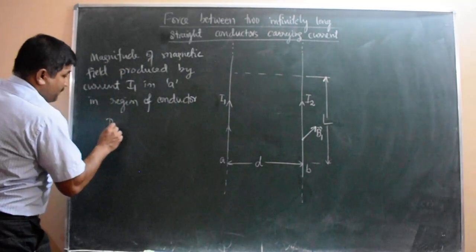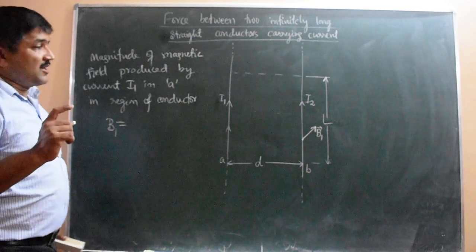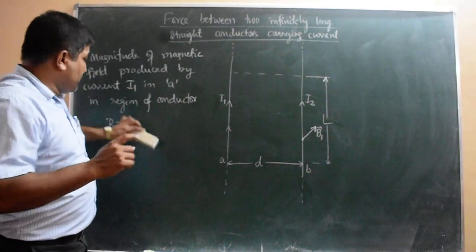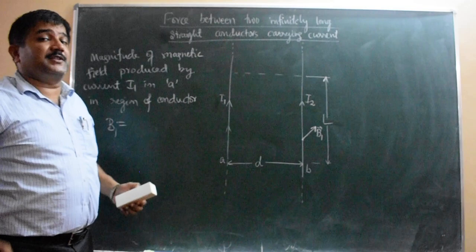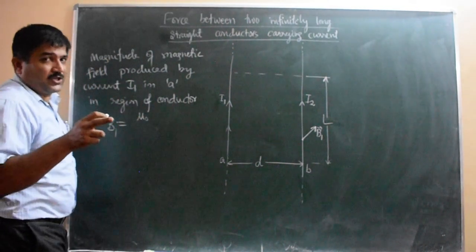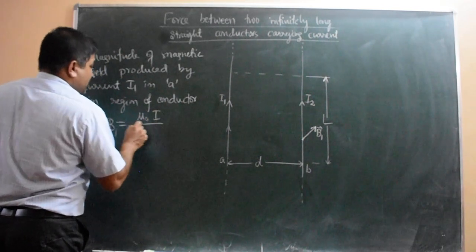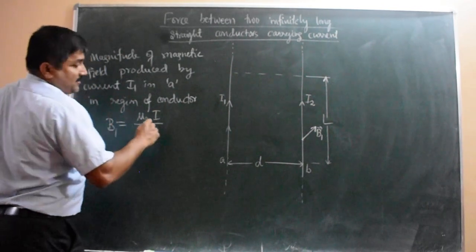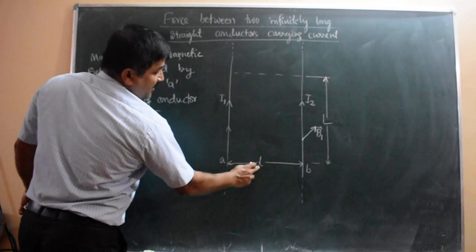That is given by B1 equal to, as we have discussed for the magnetic field due to a straight infinitely long conductor in the previous session, derived using Ampere's circuital law, mu naught I divided by 2 pi r. R is the distance. Here d is the distance.